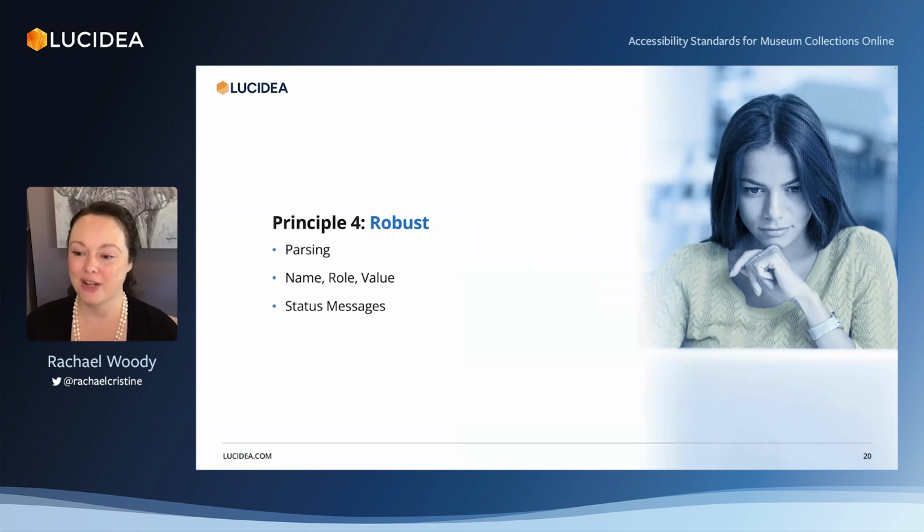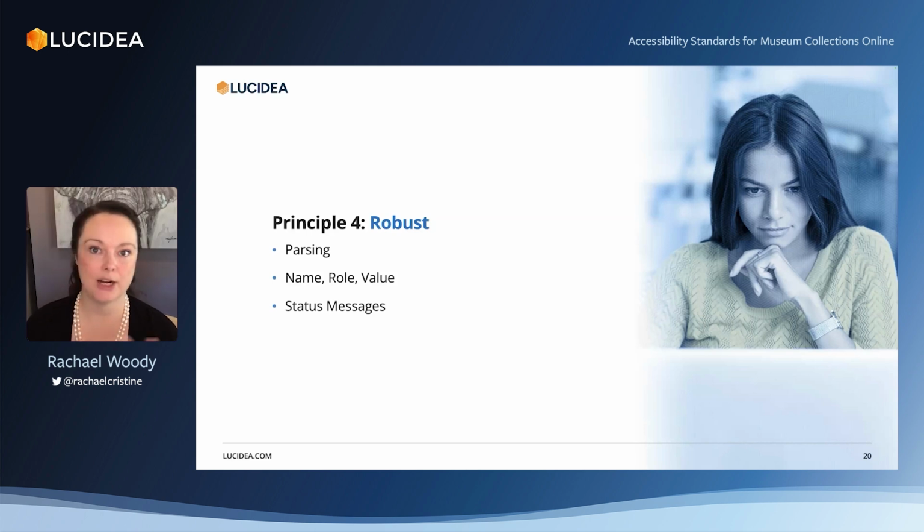We want to make sure that they're nested correctly so that they are interpreted and behave correctly, and that there's no duplicate attributes, IDs are unique, etc. These are some pretty fundamental coding things, as well as things that lend themselves naturally to how we produce and manage our data for collections online, but it is an important aspect to understand technically as we think now and future oriented for accessibility.